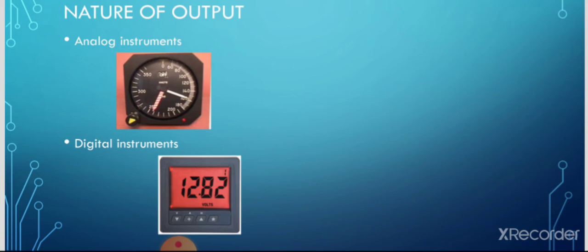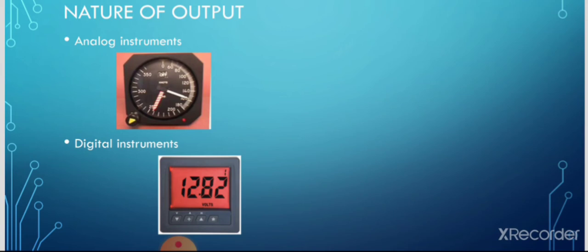The analog instruments are those which give the output in the form of a continuous function of time. Otherwise we can say that the instruments which give the output by using a pointer and scale are known as analog instruments.